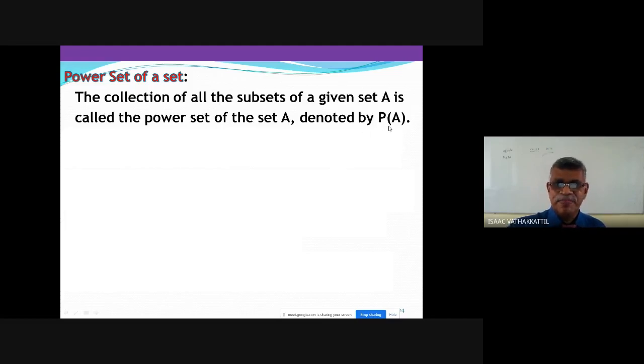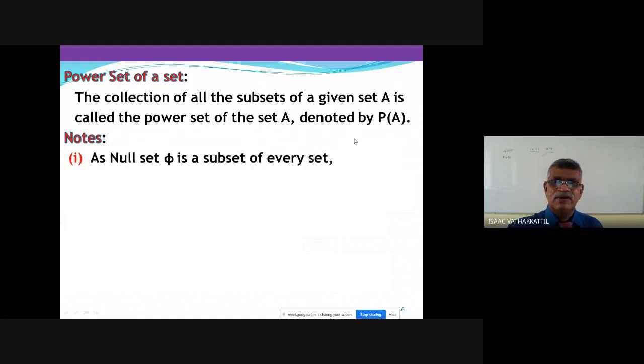Power set of A. Well, this P may be used somewhere else with some other meaning also, so some others write the power set of A as S of A. A null set phi is a subset of every set. So when I write the subsets of a set, the null set will come there as the first element, because the null set is a subset of every set.